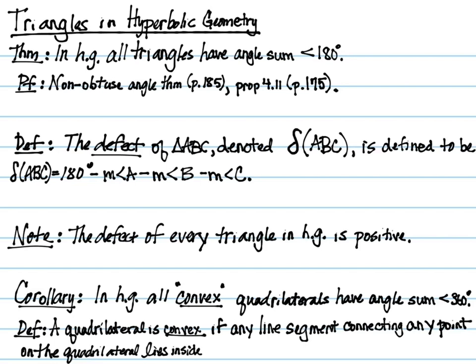I'm writing it for quadrilaterals. There's nothing special about quadrilaterals. I could use any shape here to describe convex. I mean, I could be talking about something that's got curves and stuff even, and this would actually work, but we're specifically talking about quadrilaterals at the moment, so I'm defining it that way, but lies inside the quadrilateral.